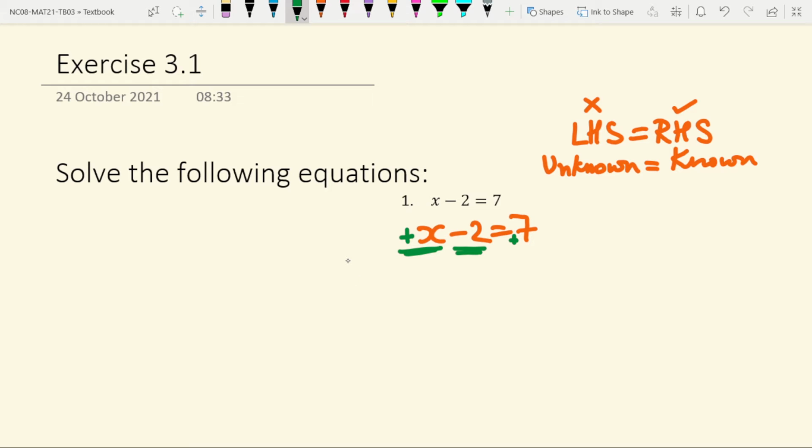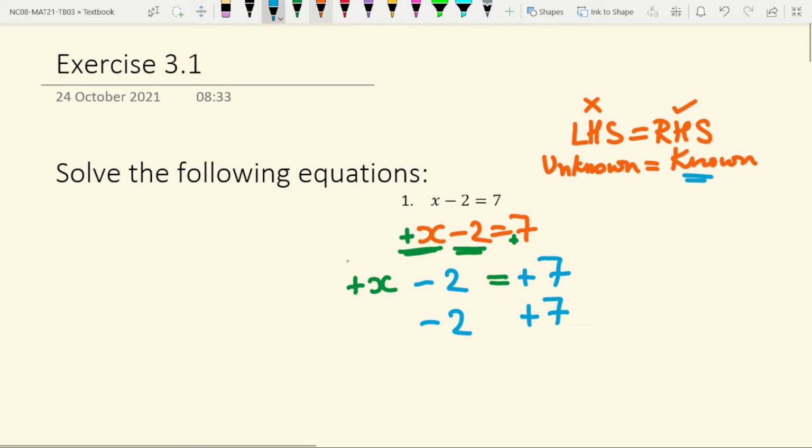The equation has plus x on the left, and the constants are minus 2 and plus 7. These both are constants, and no known term should stay in LHS, so we bring all the known terms to RHS, with the equation sign in between.